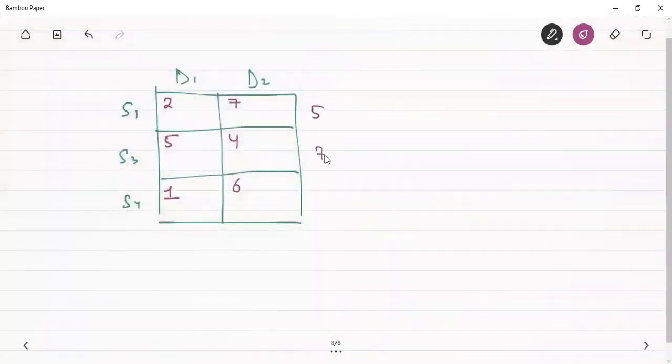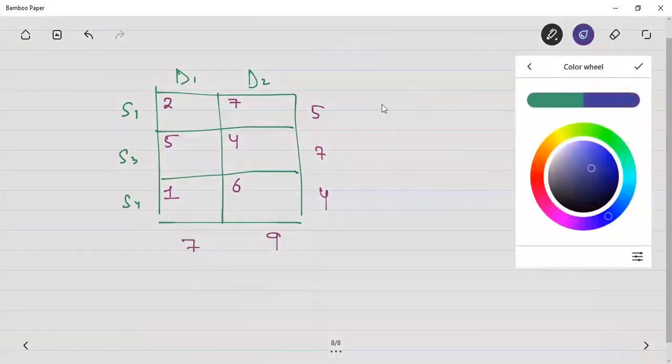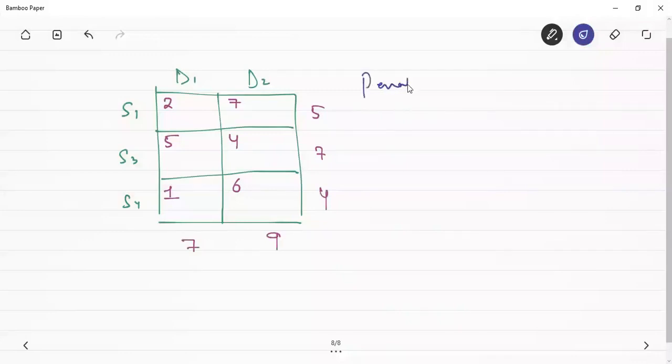This is 5, this is 7, this is 4. What were the demands here? 7 and 9 were the demands. Now we again need to calculate the penalties of each row and column. Tell me, what will they be?